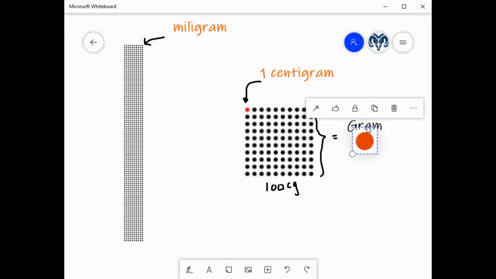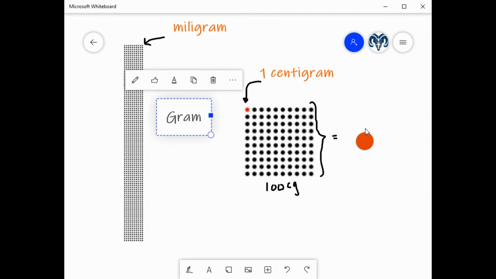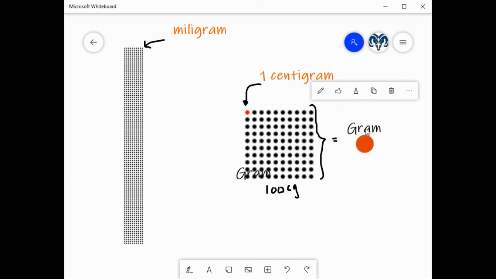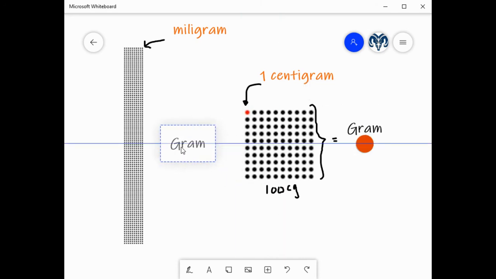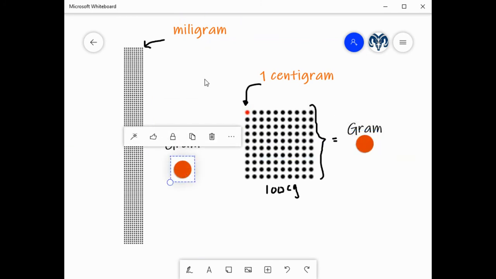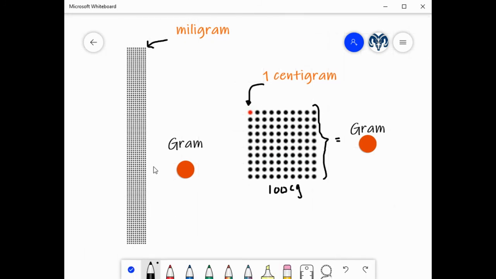So here we've got 1 milligram. So there's 1,000 of these in 1 gram.